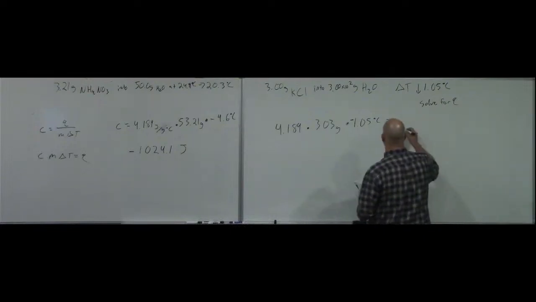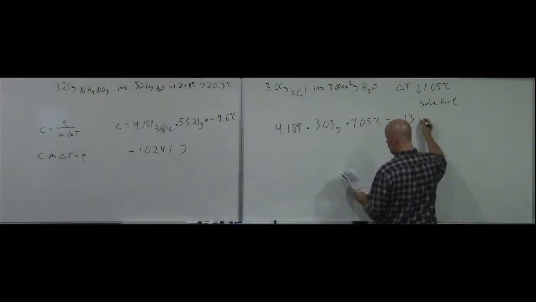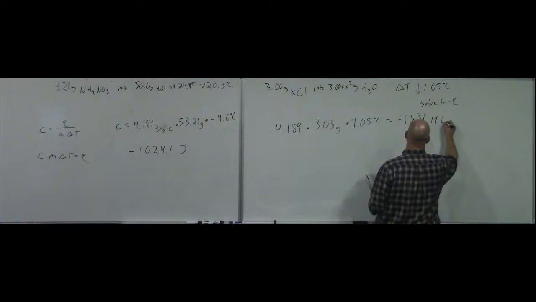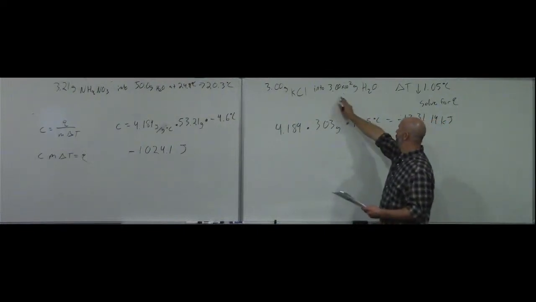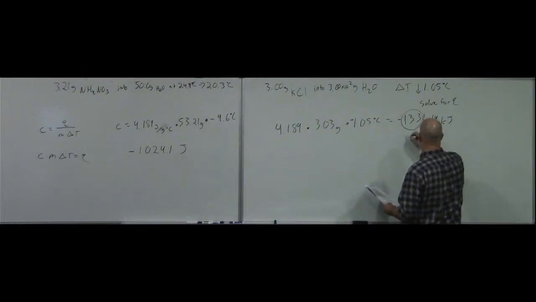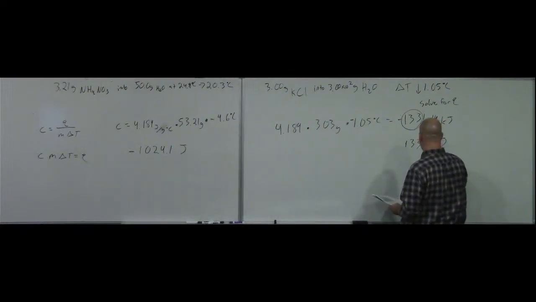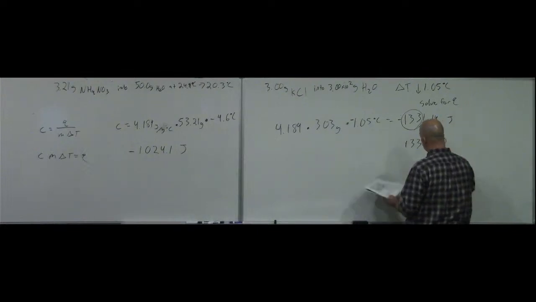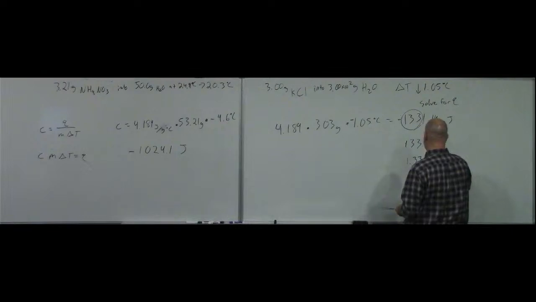Negative 1,331.14. Negative 1,300 and what? 31.14. Right, using sig figs, I'm allowed 3. So I get 1,330 joules. You gave me joules, not kilojoules, right? Yeah. They keep wanting everything in kilojoules, so I'd get 1.33 kilojoules.